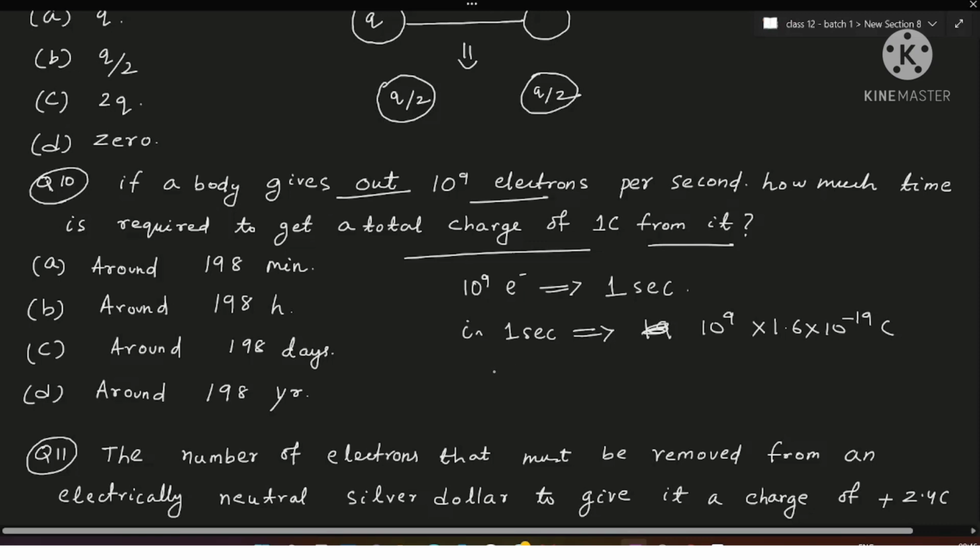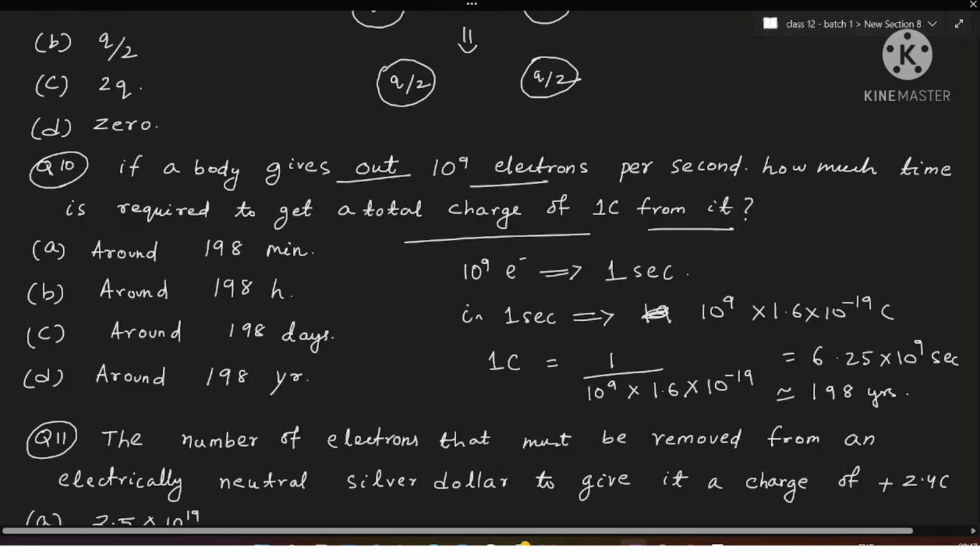For 1 coulomb the time is 1 by 10 to the power 9 into 1.6 into 10 to the power minus 19. So it will be 6.25 into 10 to the power 9 seconds, which is approximately 198 years.